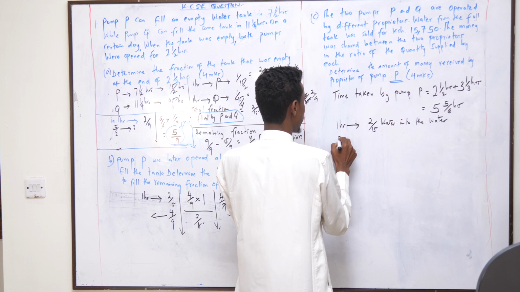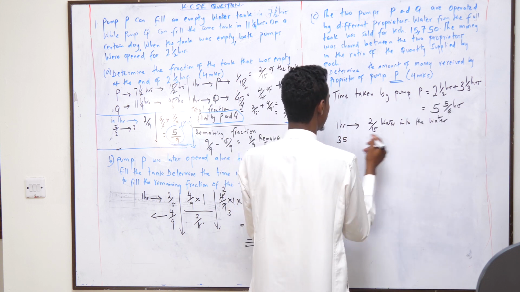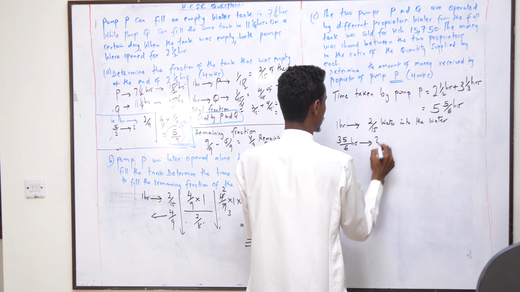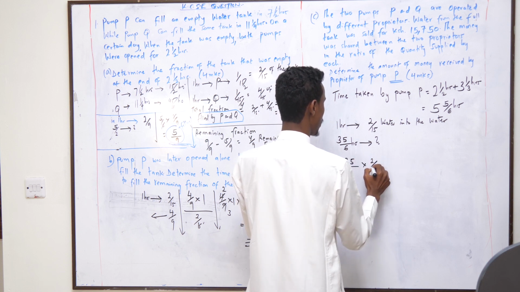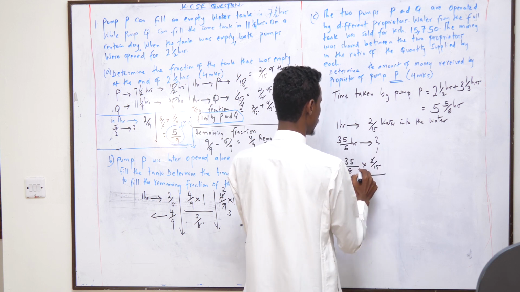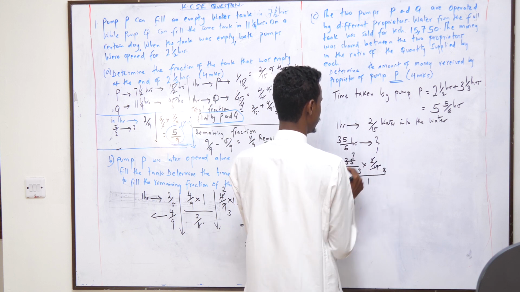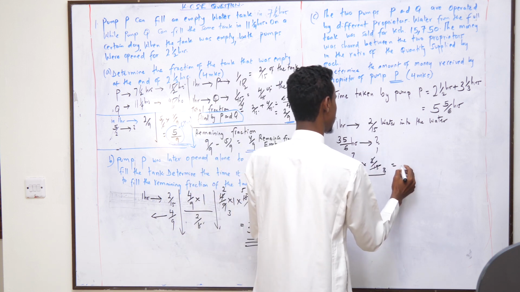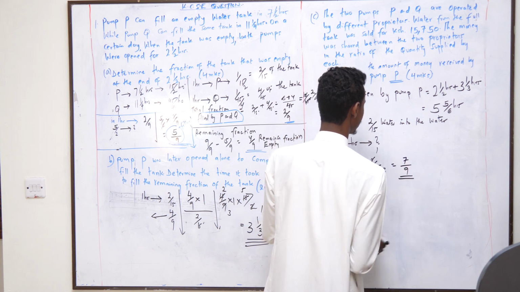It will be 35 out of 6 hours, that is 5 times 6, 30 plus 5, 35 out of 6 hours. Question mark. Now it will be 35 out of 6 times 2 out of 15 divided by 1. Very simple. By 2, 1 by 2, 3. By 5, 3. By 5, 7. Now it will be 7 times 1 divided by 3 times 3, which is 7 out of 9.